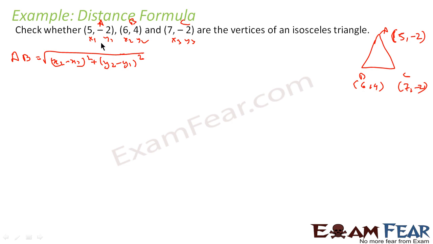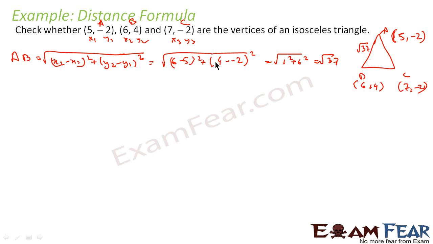Distance between points A and B. This is nothing but x2 is 6, minus 5, squared, plus y2 is 4, y1 is minus 2, so 4 minus minus 2, squared. Correct? So this comes out to be root of 1 squared plus 6 squared. That is root of 37. That is my AB, root 37.